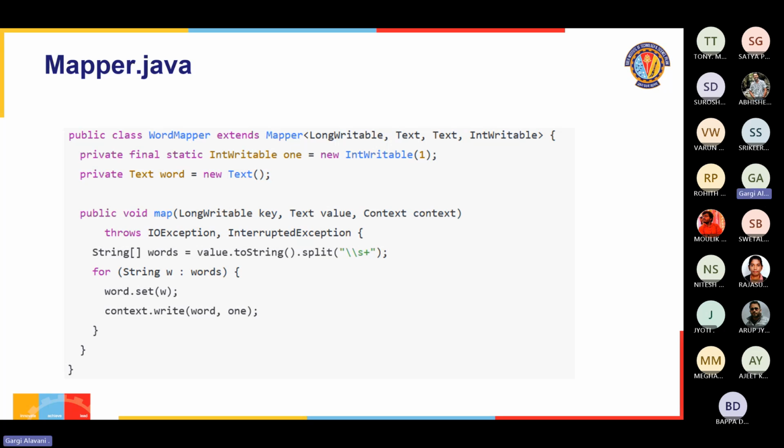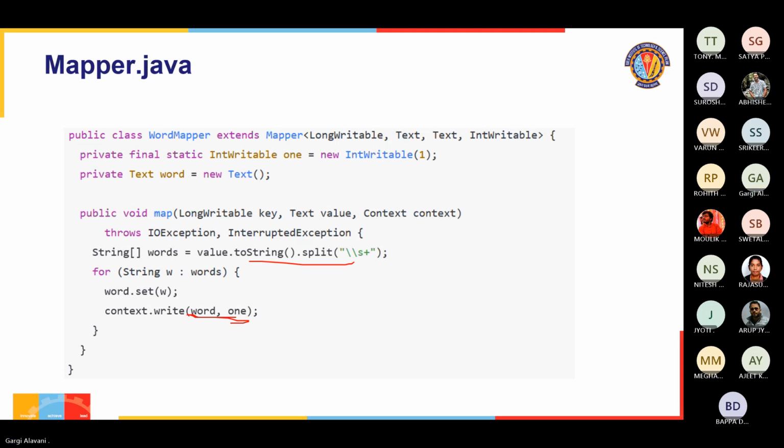Then you read this value, and you split the words using value dot split. This will split the line into words, and context dot write will emit each word with a count of 1. So every word will be created and set to a count of 1.